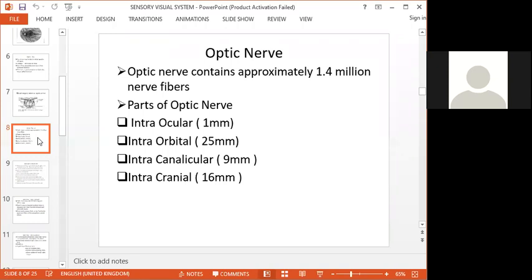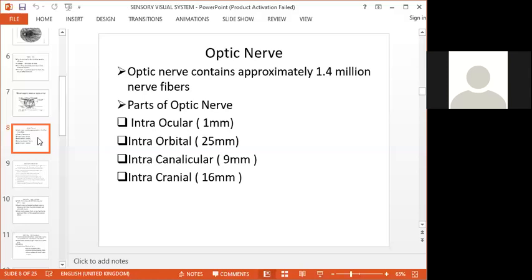From the orbit, the nerves now go through the bony canaliculi and enter the cranium, or the inside of the brain. So you've got intraocular, intraorbital, intracanalicular, and the intracranial.